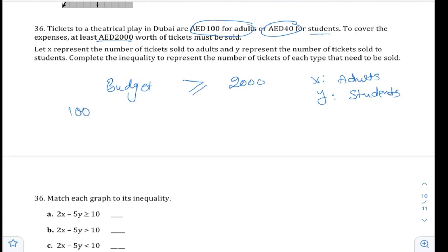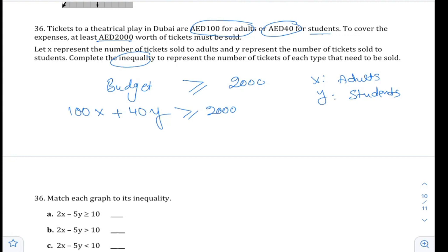Each one costs x dirhams. The price for a ticket for a student is 40 and each costs y. Their sum should be within our budget or more. So more than or equal to 2,000. This is the inequality that we need. You are not asked to solve it, just to write the inequality.